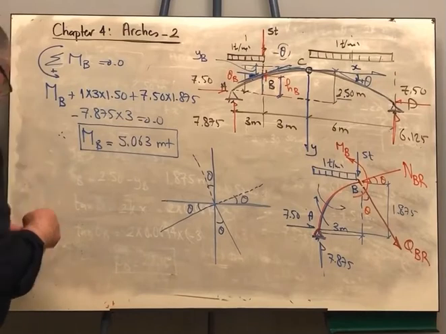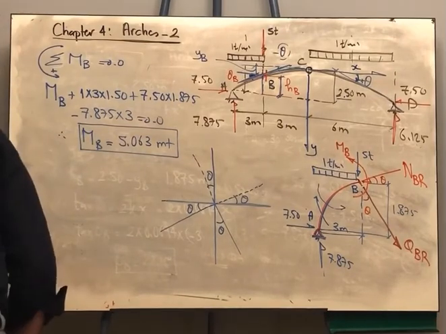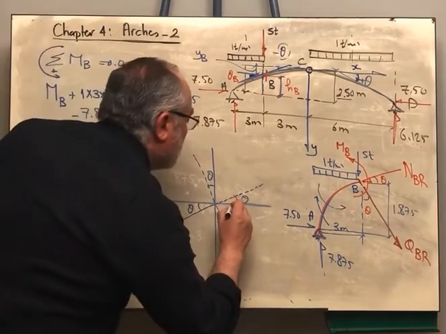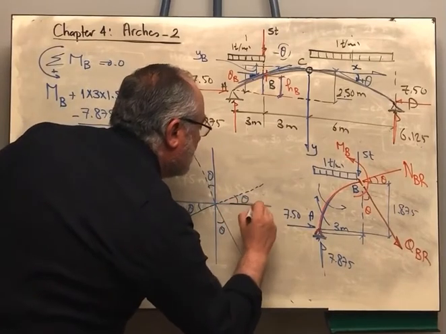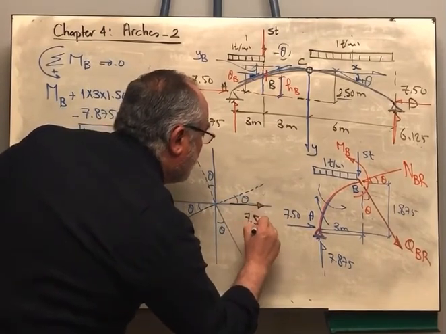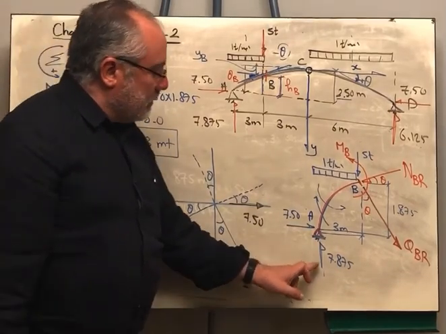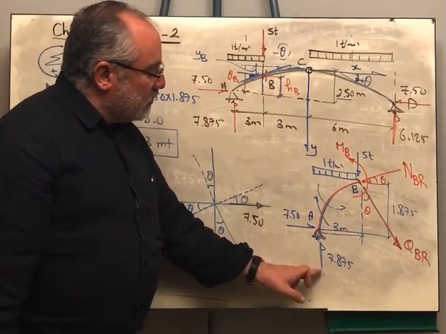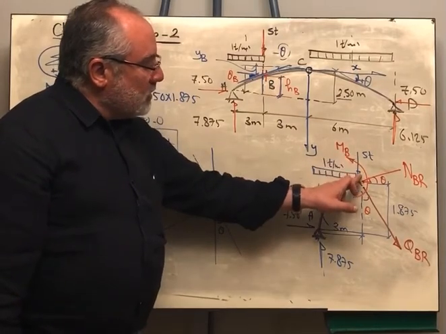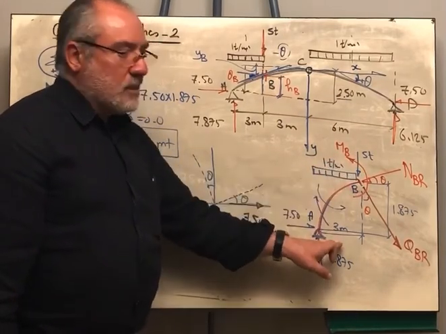In the horizontal direction, we are having here the 7.5. And in the vertical direction, let us add them up. It is 7.875 minus 5 minus 3.